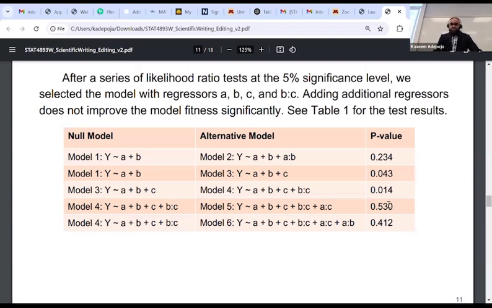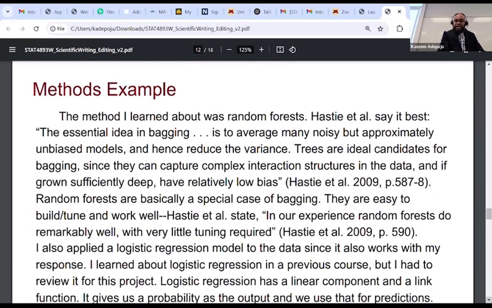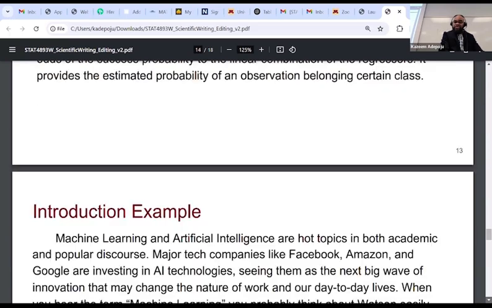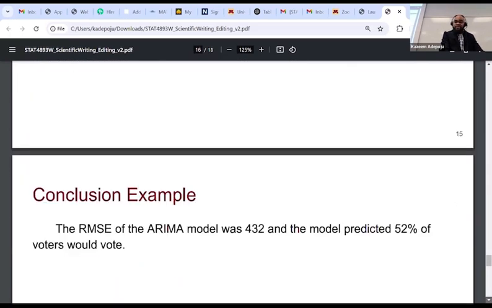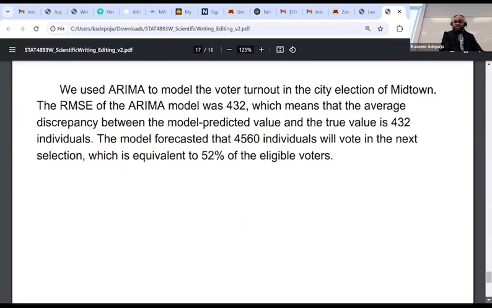Then you compare model 4 with model 6 and still realize the p-values were not significant. So this is pointing in the direction of model 4. You see that now? This is a methods example, this is an introduction example, then there is a conclusion example. So take a look and read all of that.